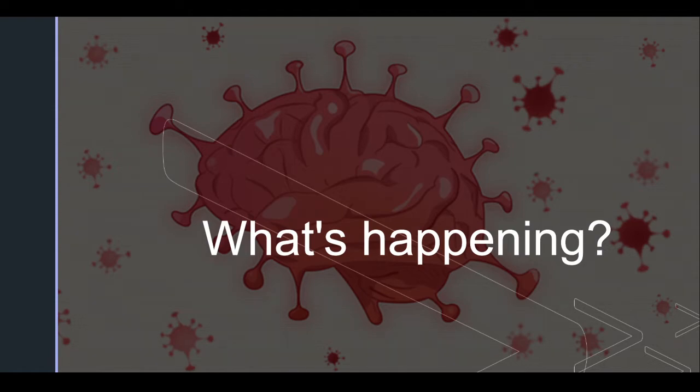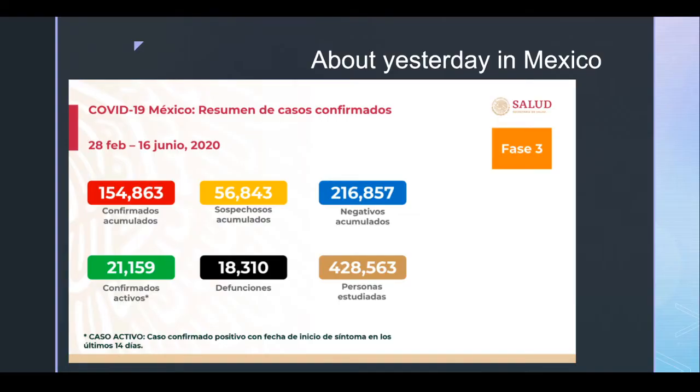Just take a look at the statistics in Mexico from yesterday, in which we have cumulative confirmed cases of more than 150,000 confirmed COVID-19 cases and more than 18,000 deaths.